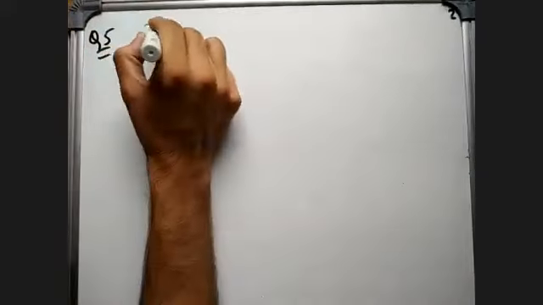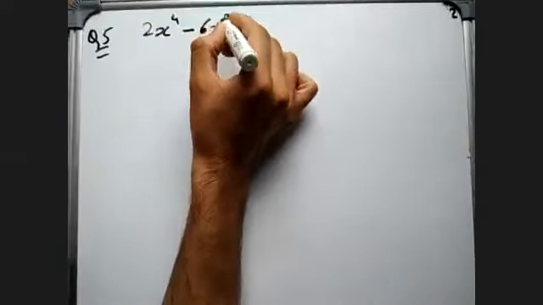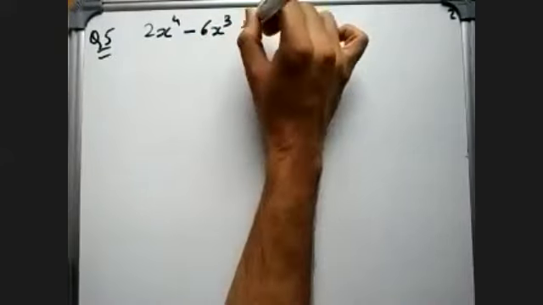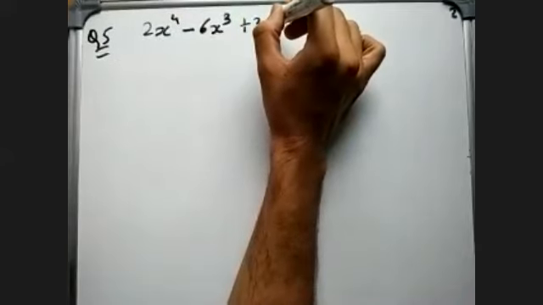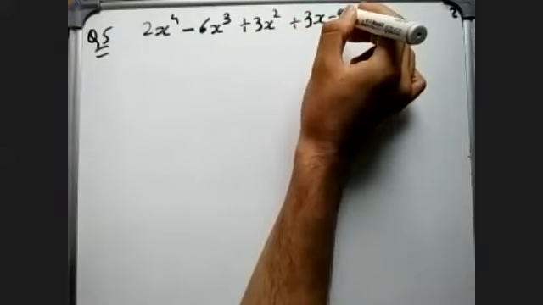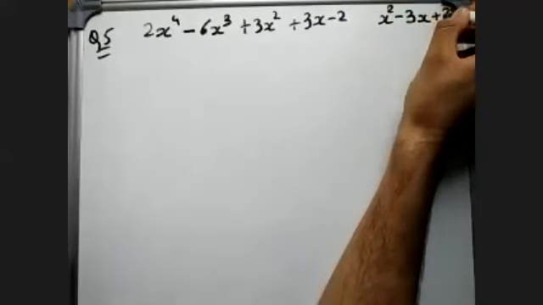In question number 5, they are asking that without actual division, prove that 2x to the power 4 minus 6x cube plus 3x square plus 3x minus 2 is exactly divisible by x square minus 3x plus 2.